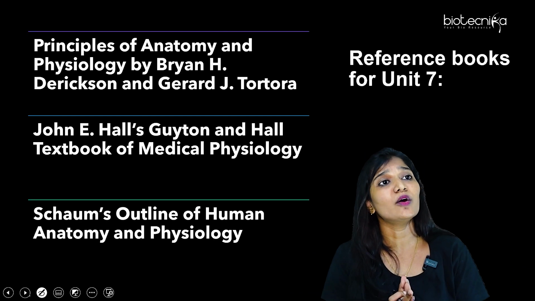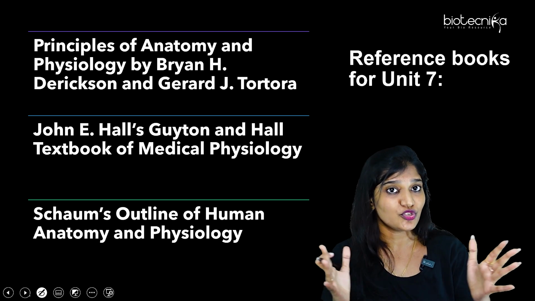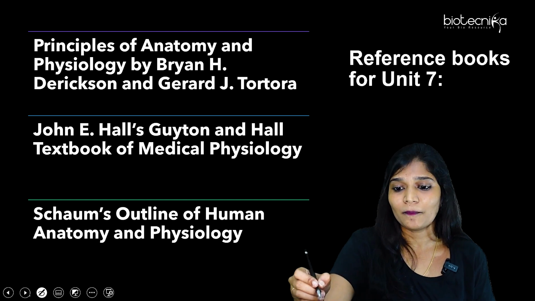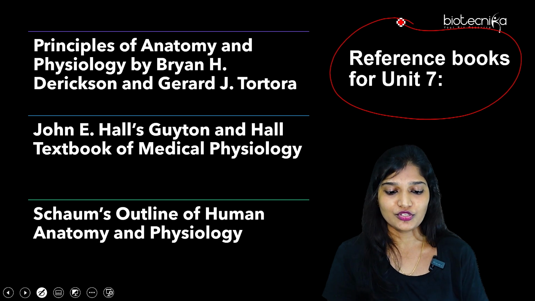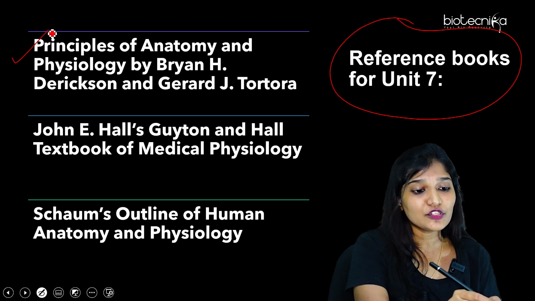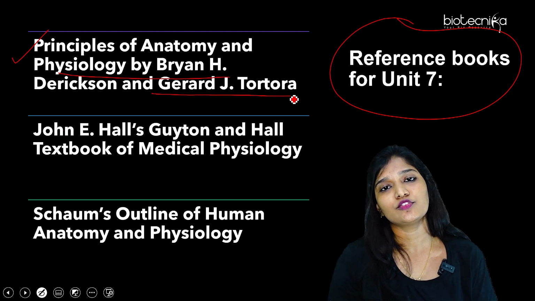So this is all about the syllabus that we have in CSIR NET Life Sciences, which is unit number 7, System Physiology in Animals. Okay, what are the reference books that you have to follow in this unit? The first one, Principles of Anatomy and Physiology by Bryan Derrickson and Gerard J. Tortora.